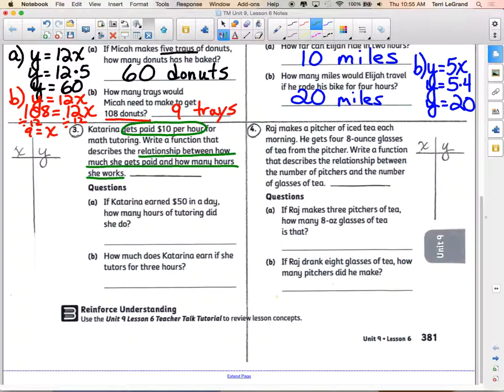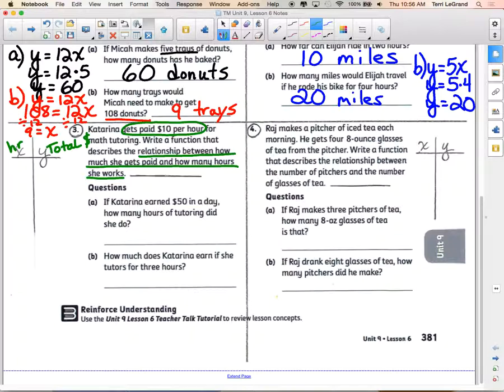What depends on what? Do the hours depend on the total pay? Or does the total pay depend on the hours? Total pay depends on the hours. So we're going to make the y value the total dollars. And the x value is going to be the number of hours.